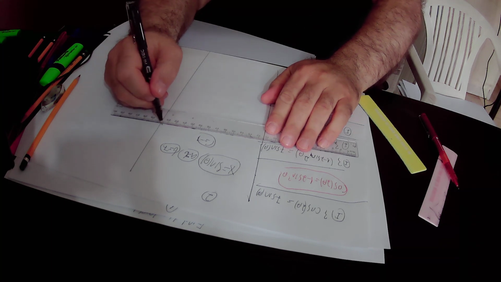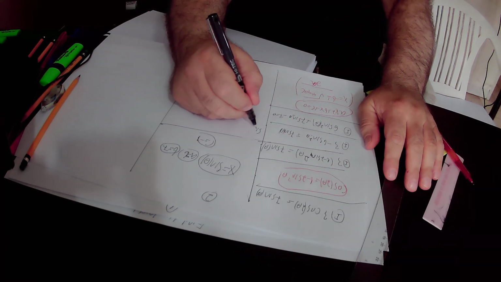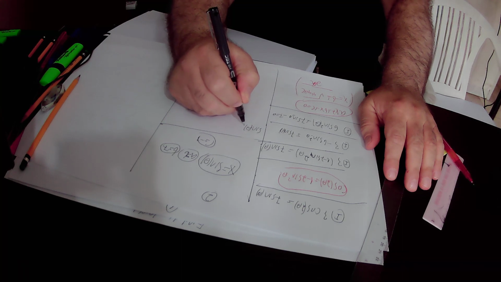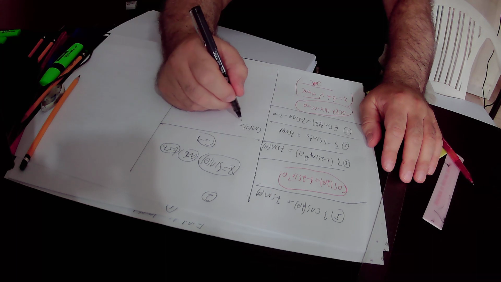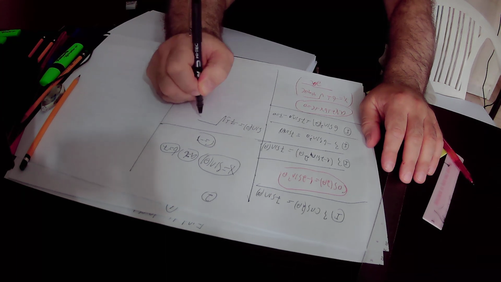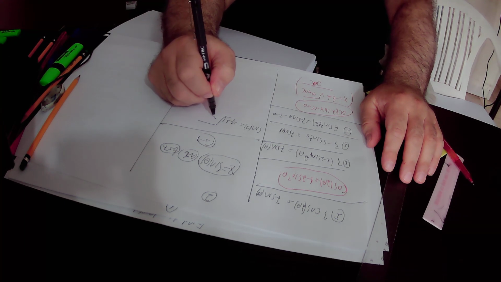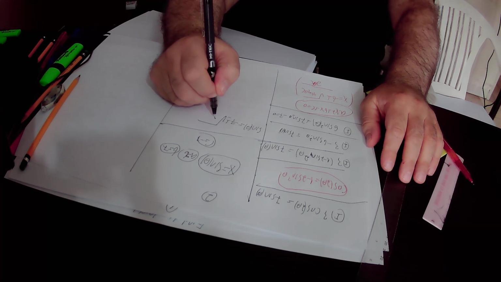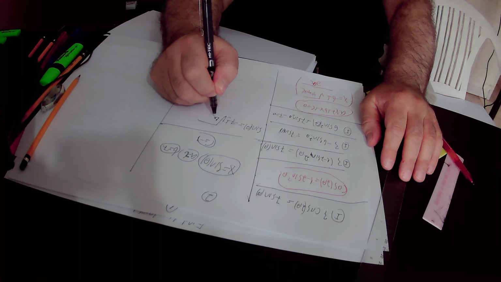So here we have x, which is actually equal to sine theta, that equals minus b. b equals 7, so minus b will be minus 7, plus minus square root of b squared. b is 7, so b squared is 49.